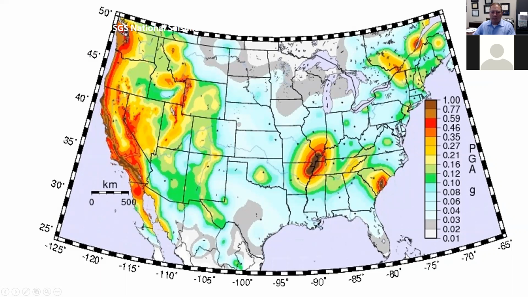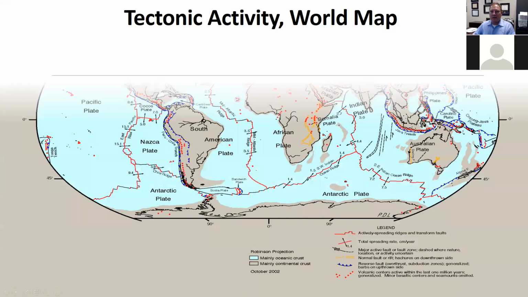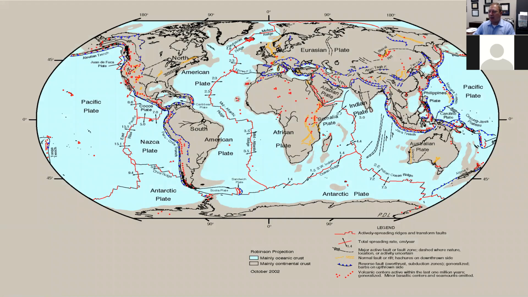And so if we look at the world map and we overlay, again, here are the tectonic plates, and just understanding how those plates are constantly drifting in very small distances each year.